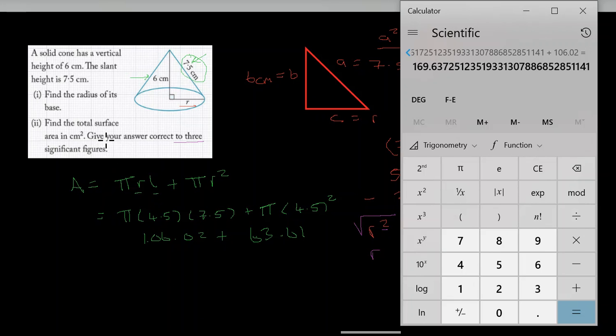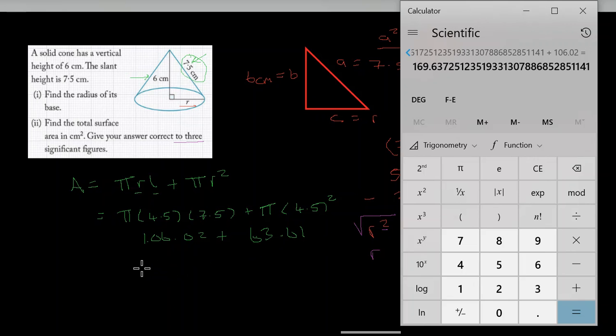And what does it ask us? It says give your answer correct to 3 significant figures. So the 1 is the first, 2 is the second, and 9 is the third significant figure. We keep these first 3 significant figures, and then we look at the number afterwards. If it is 5 or greater, then we round up. So 169 will become 170.